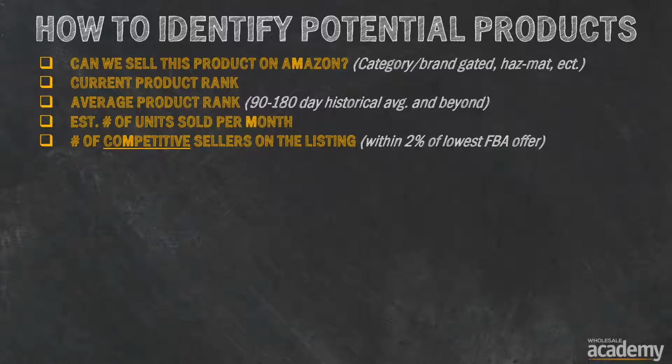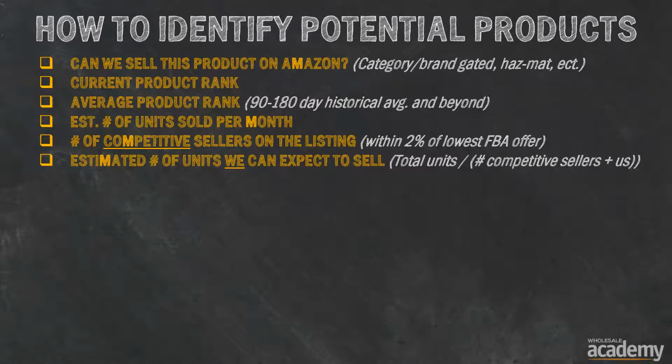Now, the next thing that we want to look at is the estimated number of units that we can expect to sell. Again, this is something that you might remember from the last module, but the way we figure that out is we take the number of competitive sellers plus us.